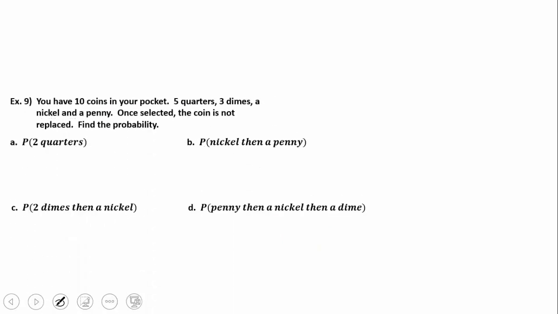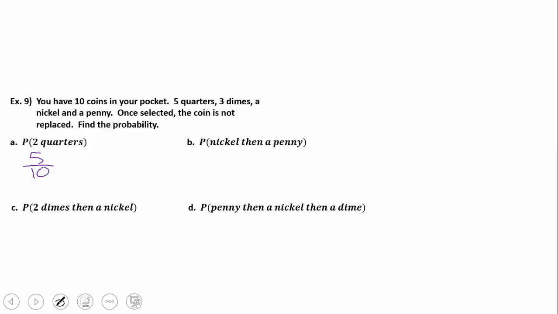So, ladies and gentlemen, our last example before our quick write, you have 10 coins in your pocket. 5 of them are quarters, 3 of them are dimes, and you have a nickel and a penny. Find the probability. So let's do the probability of 2 quarters. So I'm looking up there, and I have 5 quarters out of the 10 coins.